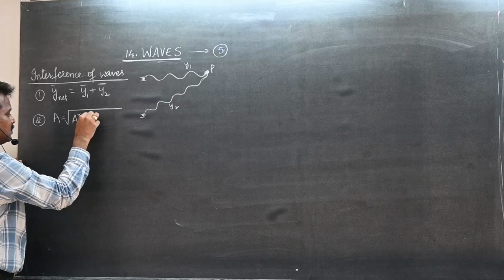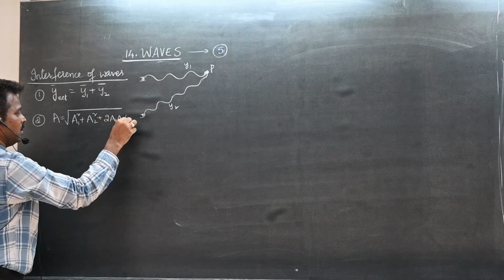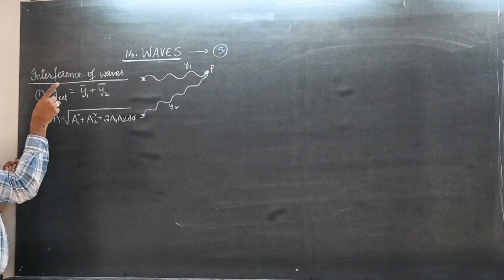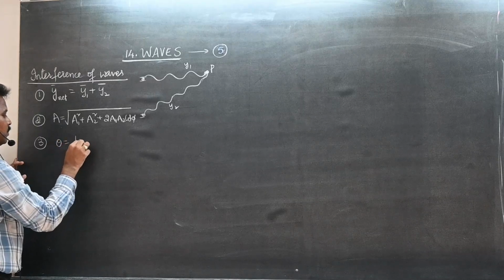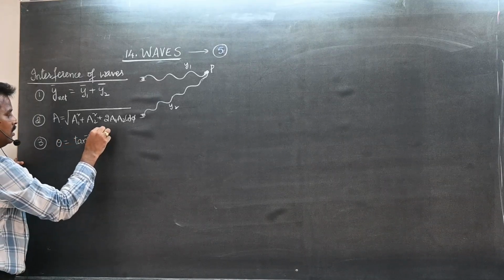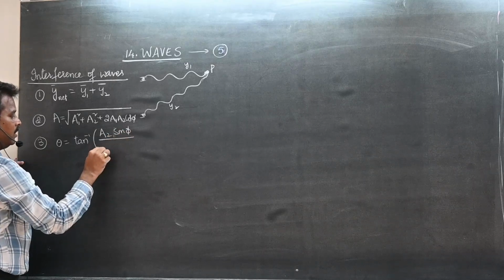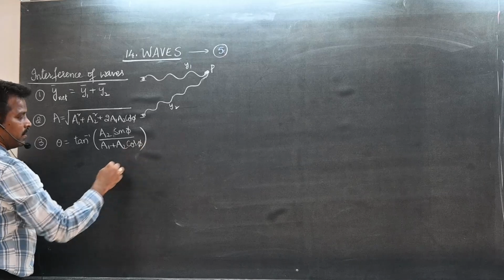It is the square root of a1 square plus a2 square plus 2 a1 a2 cos phi. And the phase of that particle due to vibration, theta, is given by tan inverse of a2 sin phi by a1 plus a2 cos phi.